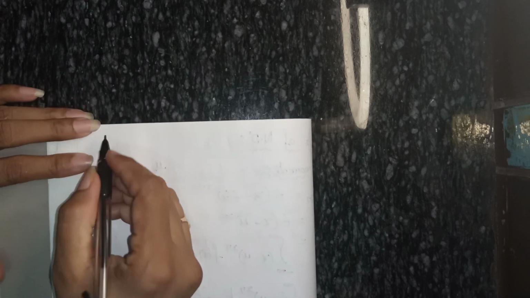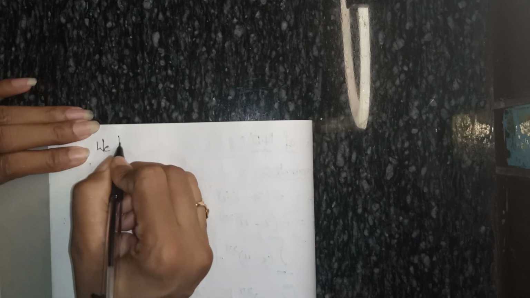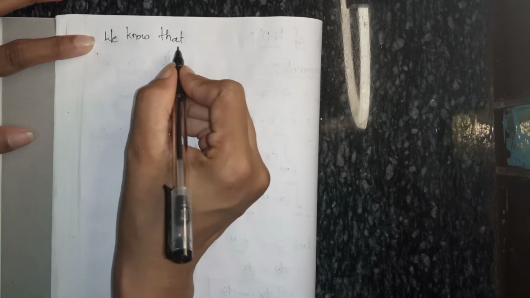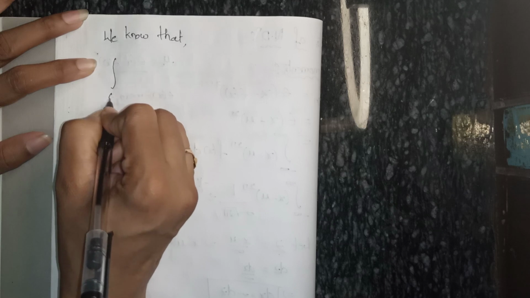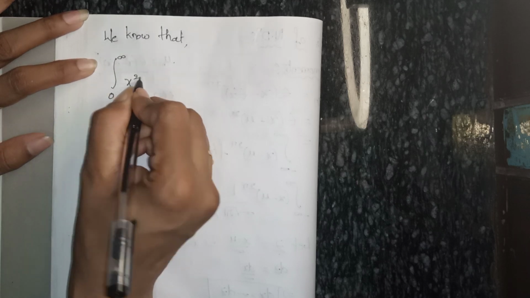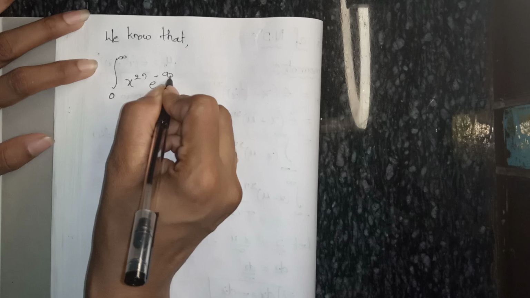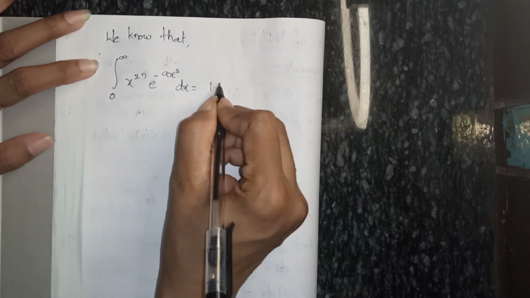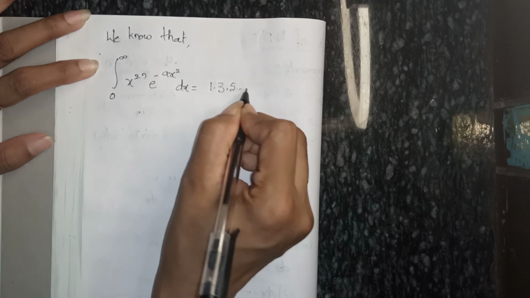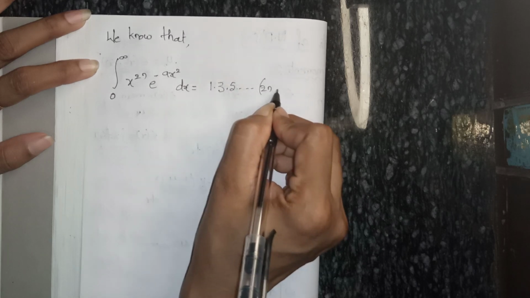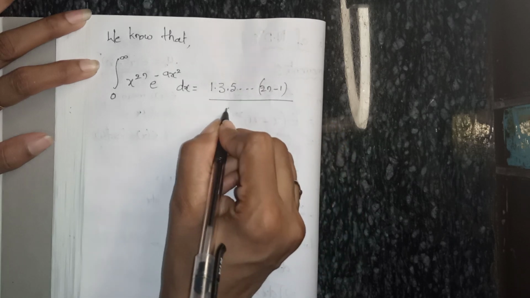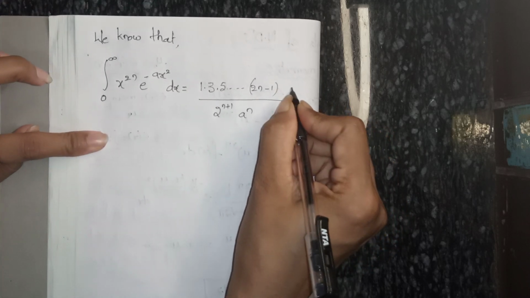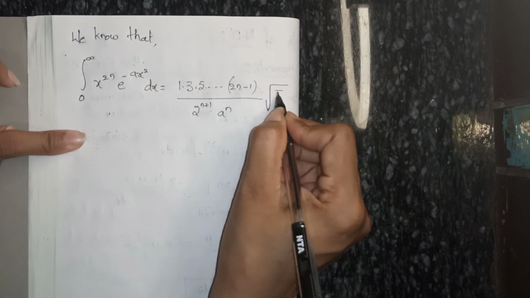So we know that the integral from 0 to infinity of x^(2n) e^(-a x^2) dx equals 1 into 3 into 5 and so on up to (2n minus 1), whole divided by 2^(n+1) into a^n, into root of pi by a.